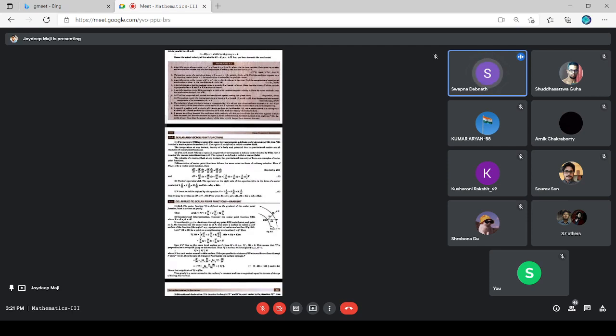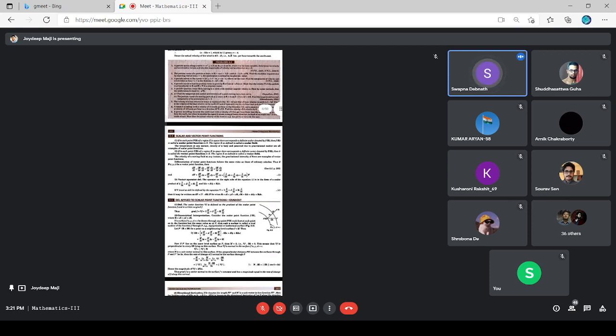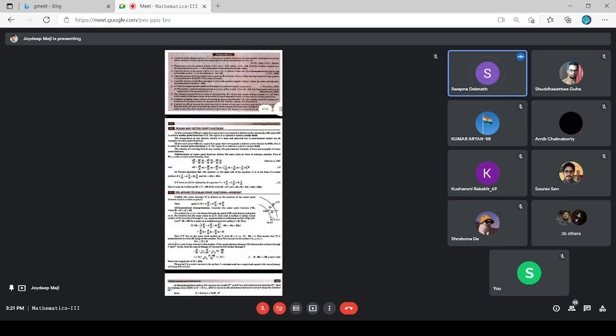Now, there is a differential operator which is known as del, the vector operator del. What is that? i ∂/∂x plus j ∂/∂y plus k ∂/∂z, that is called del, or the vector operator del.